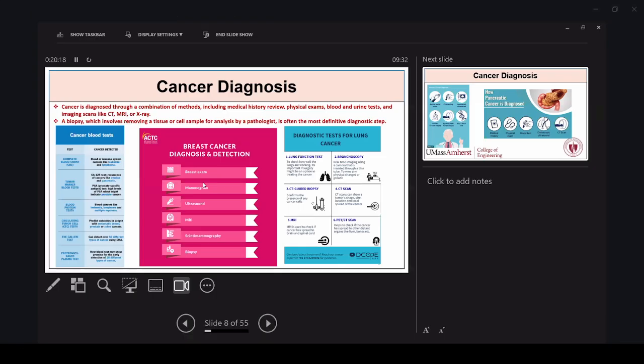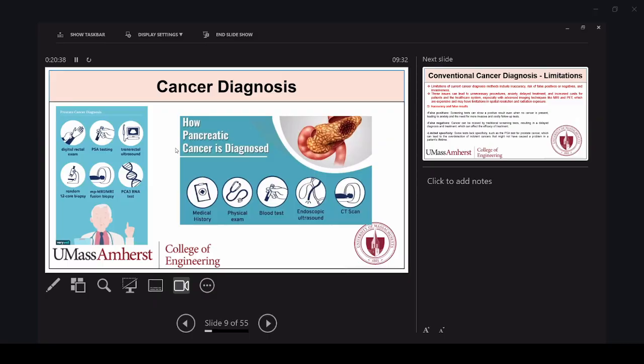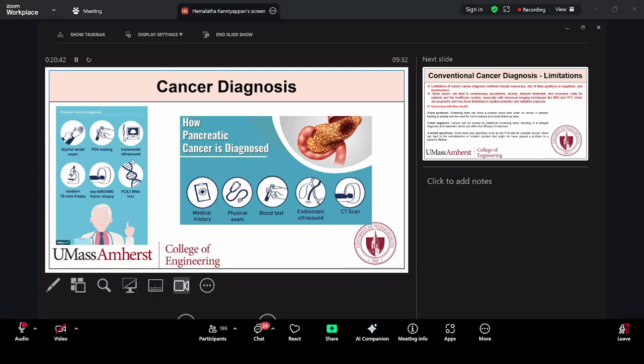Biopsy, interobserver variability, yes. False positive results, false negative results, excellent. What else? Don't you think less accuracy? Yes, good.